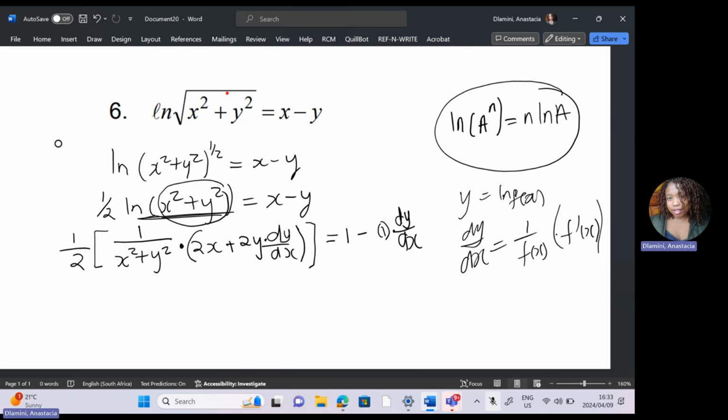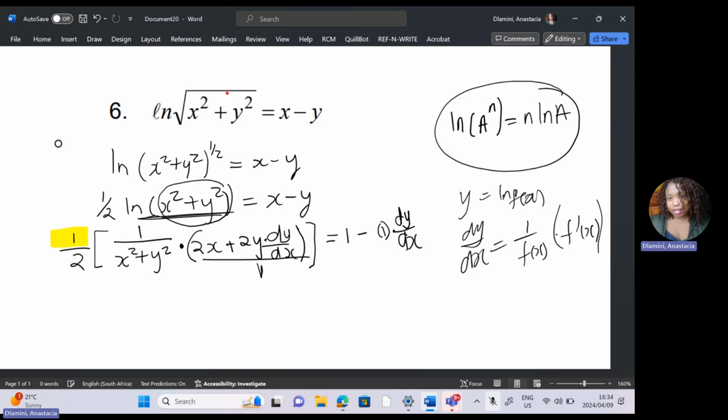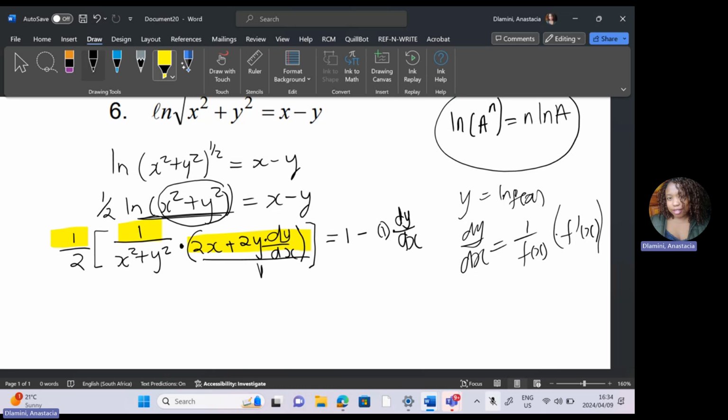Now, let's simplify. So here, you notice that, okay, let's make this a fraction as well. Let's say 2 divided by 1. So meaning that you're going to multiply 1 times this whole expression here, right? So this will be equals, and then let's just do first the top part.